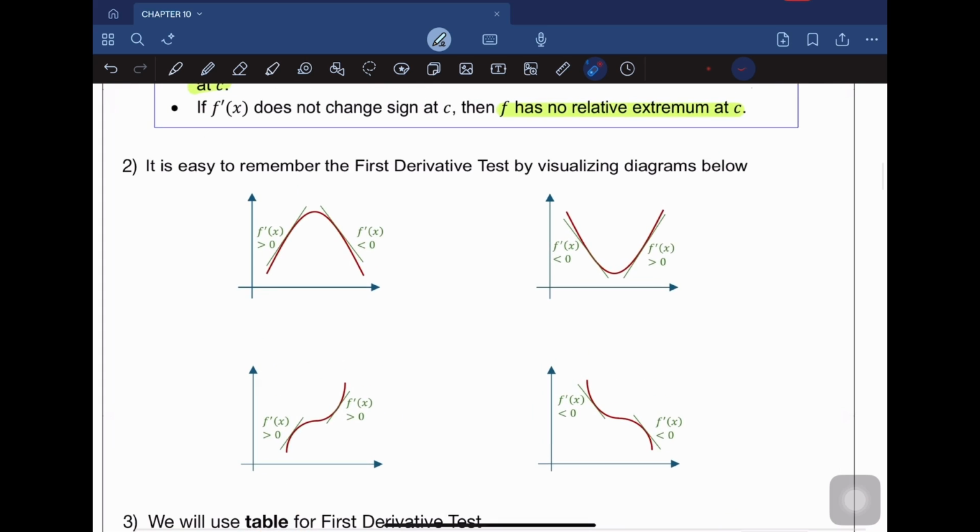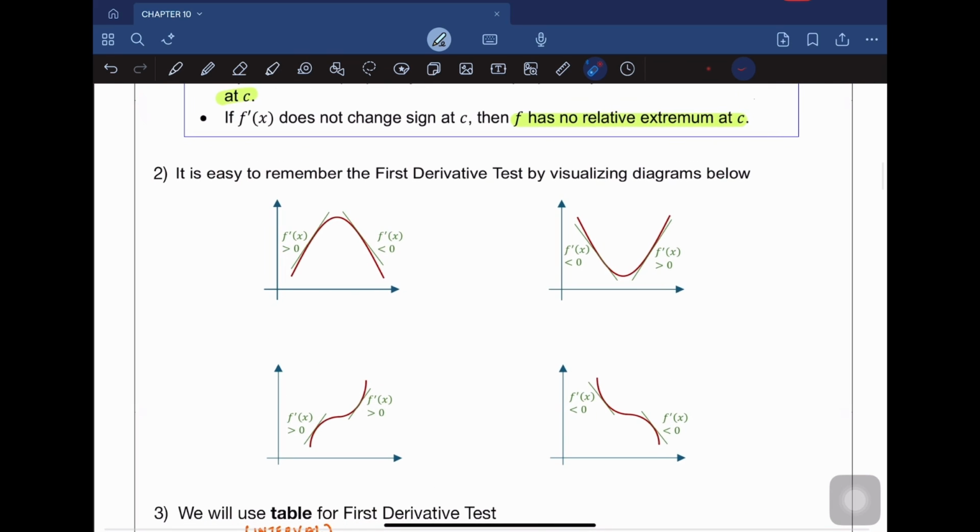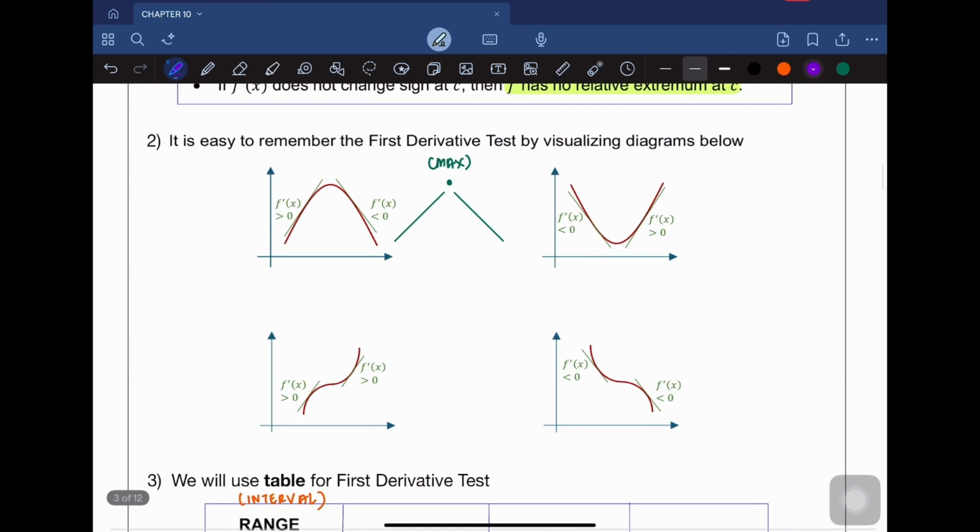Okay, so basically what I'm going to show you. The first case, if let's say you have this shape and then this shape. Okay, so this is the visualization. So you will get relative maximum. And next one, if you have this shape and then this shape, you will get relative minimum.